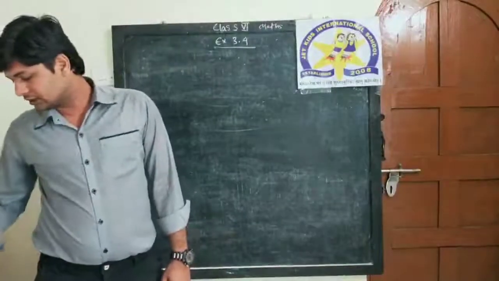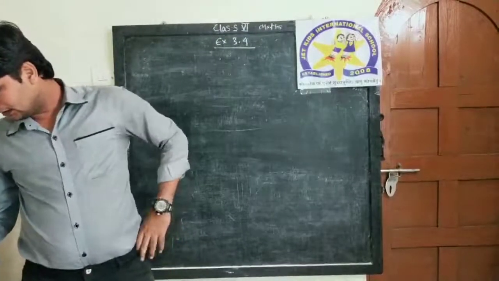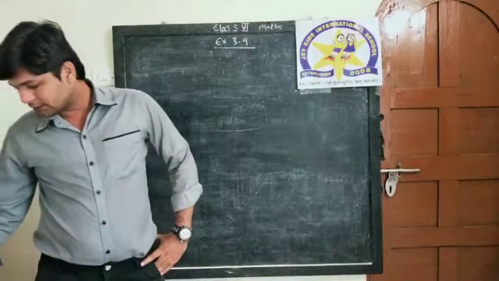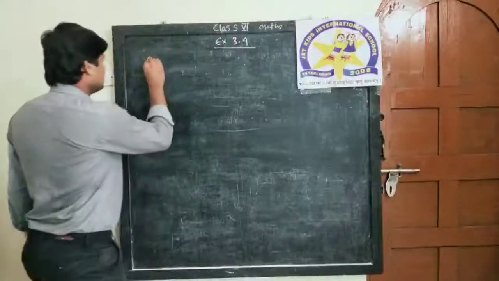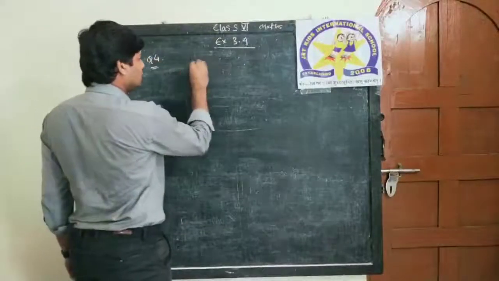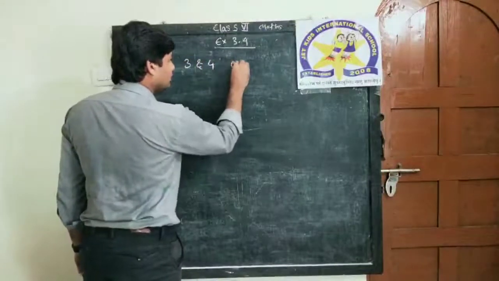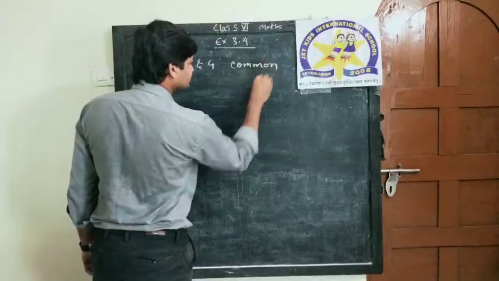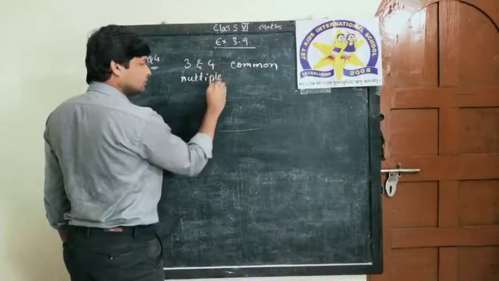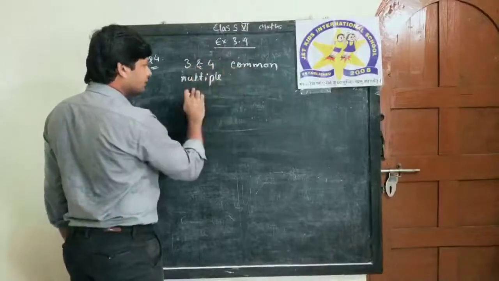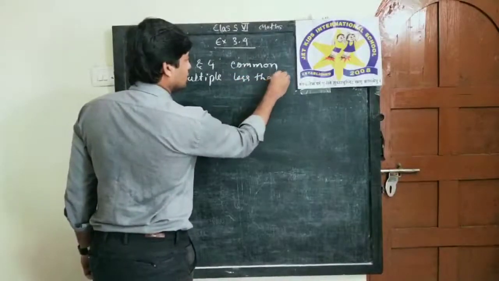Next, we will start question number 4. Write all the numbers less than 100 which are common multiples of 3 and 4. Pay attention. 3 and 4, common multiples you have to write, but less than 100.